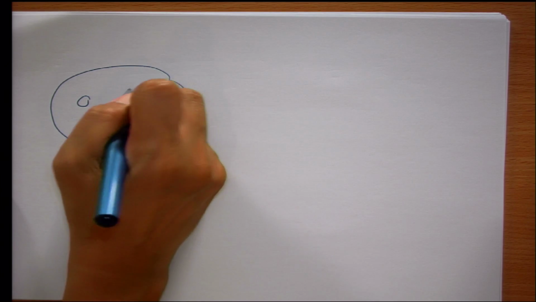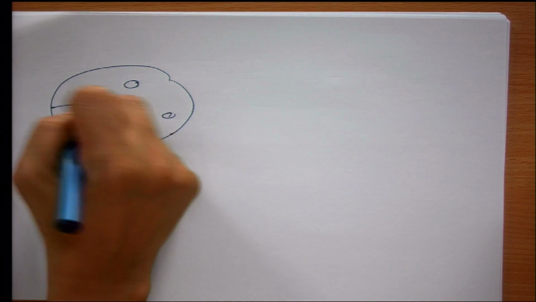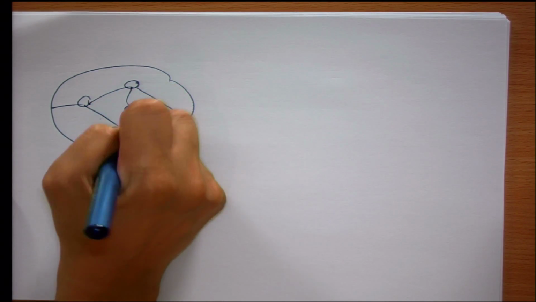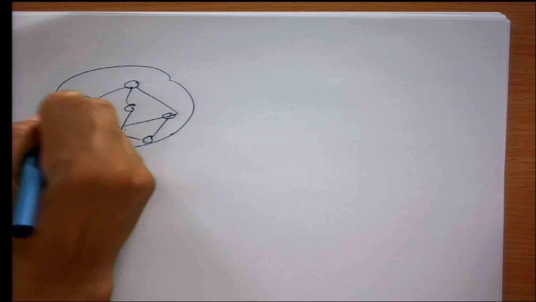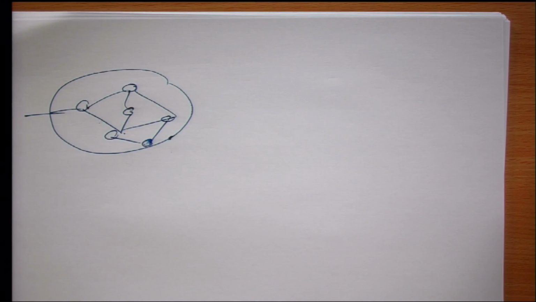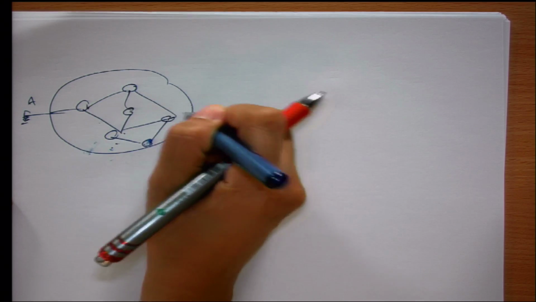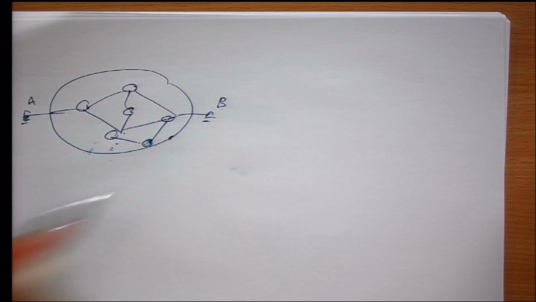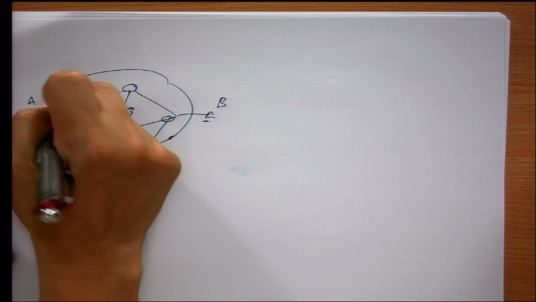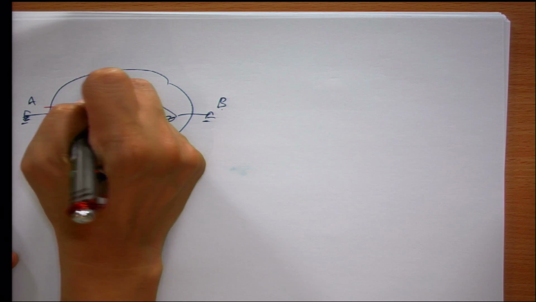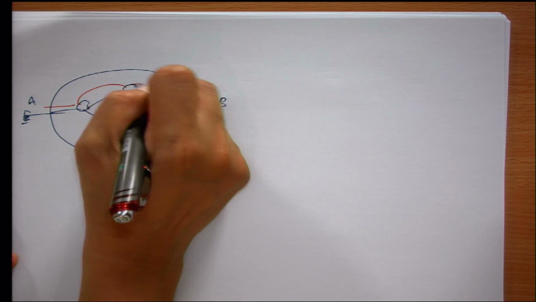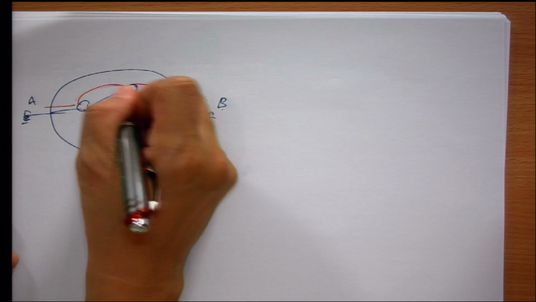So we can look at it this way. If you have a network, and this is the node. If you go this way, A to B, you visit this one, and then this one, and then this one. So you have 1 hop, 2 hop.